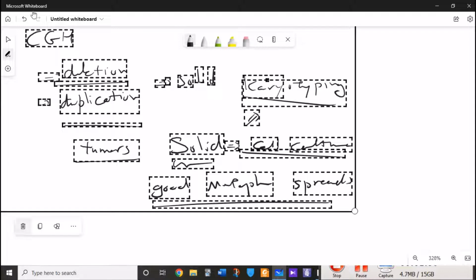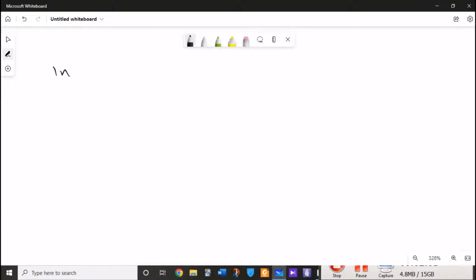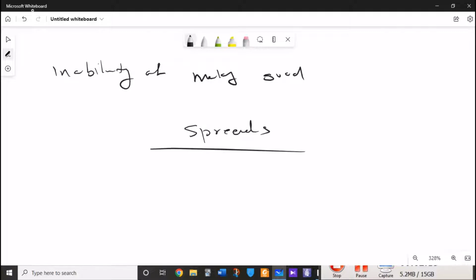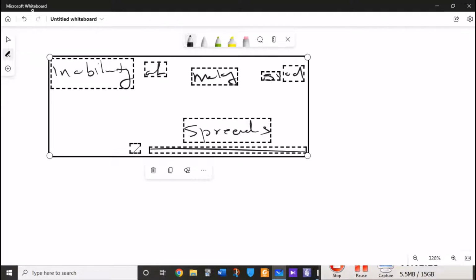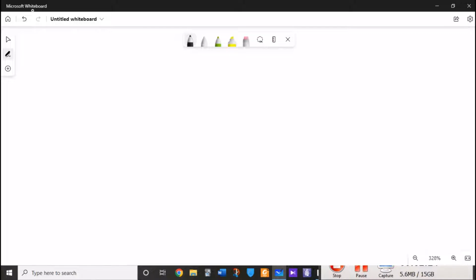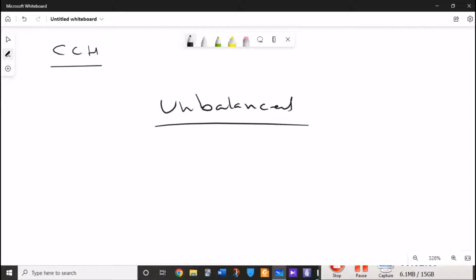So because of this inability of making good metaphase spreads, CGH is a very useful technique for detection of deletion and duplication in this kind of tumors. In CGH array and in the CGH technique, we could detect any kind of unbalanced alteration of chromosomes.